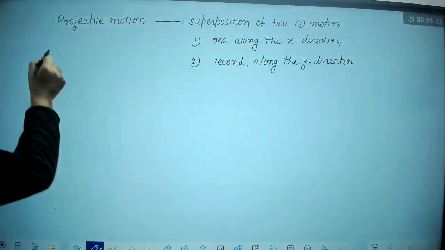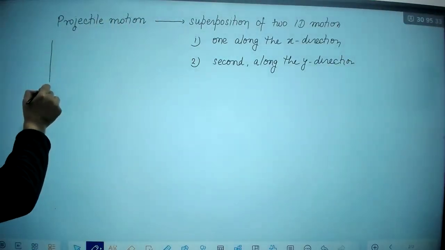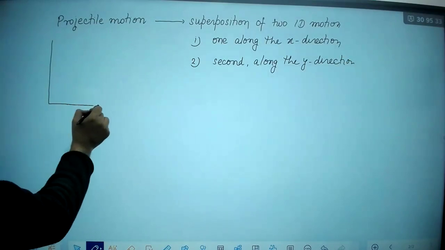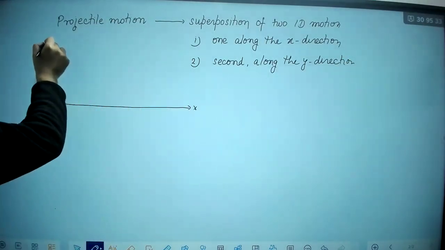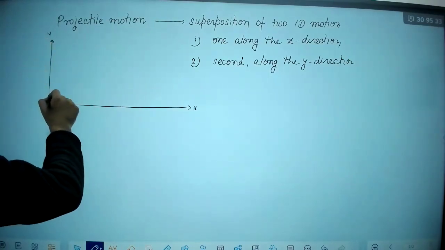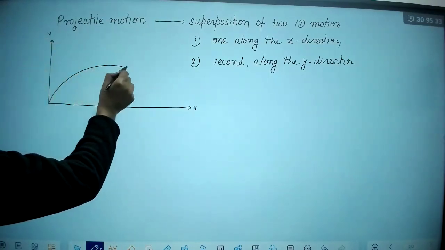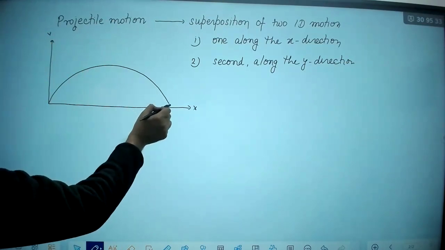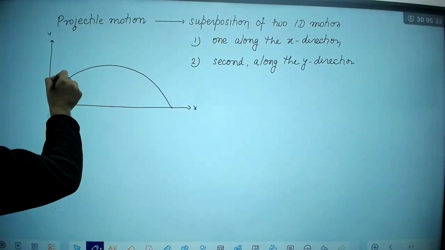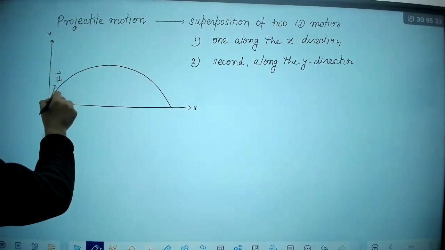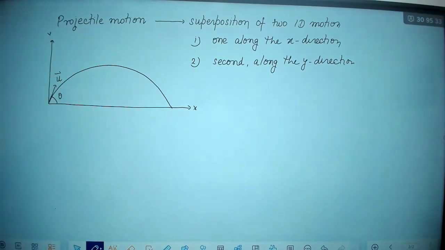So here, this is our projectile motion. I'm again drawing this. This is x, this is y here. The particle is launched like this with some initial velocity u, and it is launched at an angle theta.